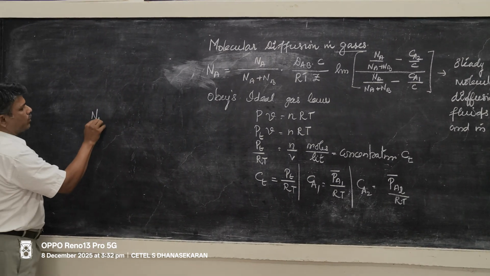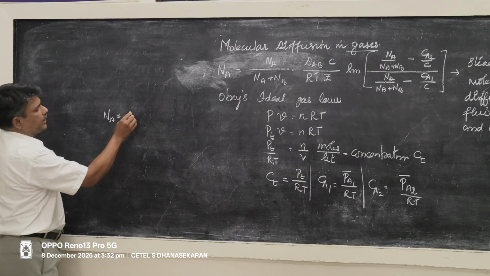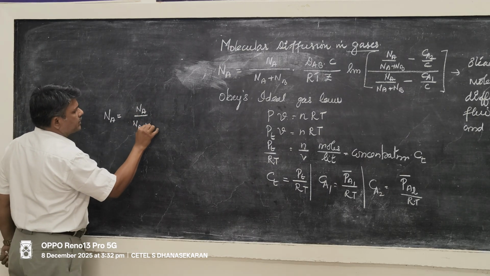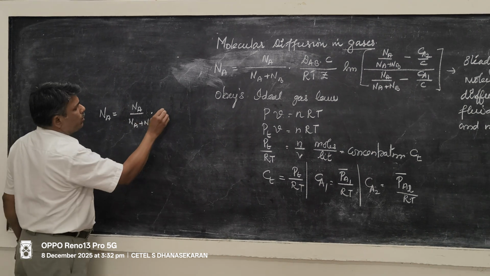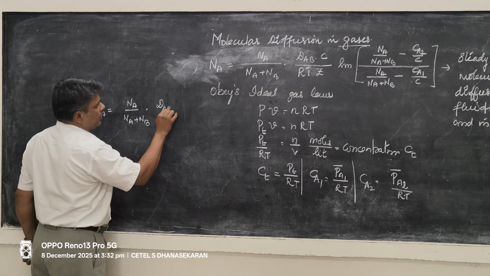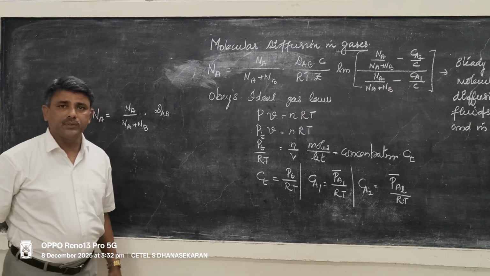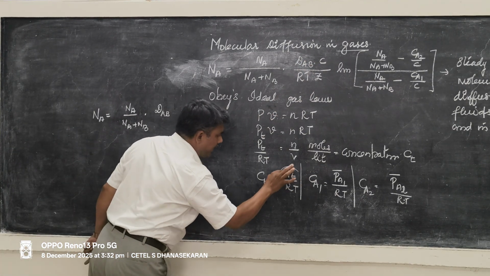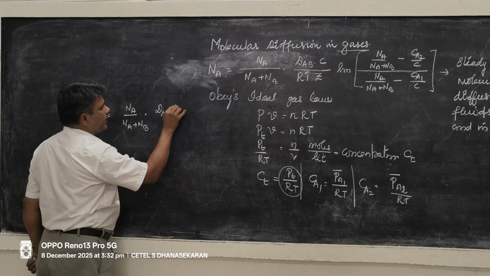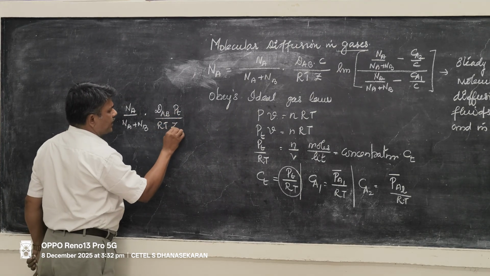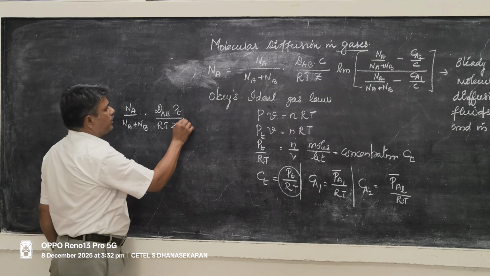NA is equal to molecular diffusion for gases: NA divided by (NA plus NB) into DAB. Instead of C, I write Ct, and instead of Ct, I write Pt divided by RT. So DAB into Pt divided by RTZ into ln.